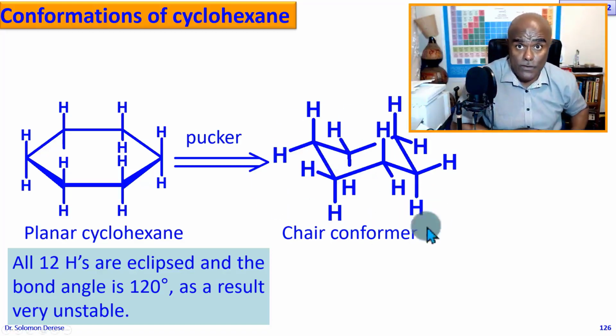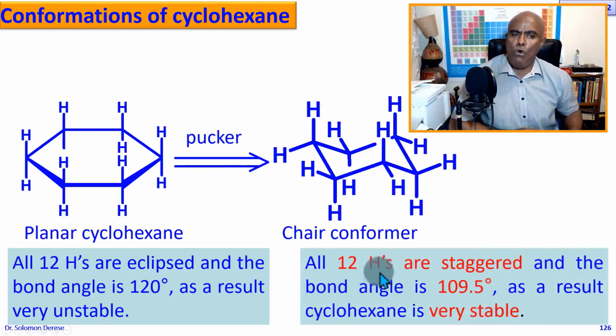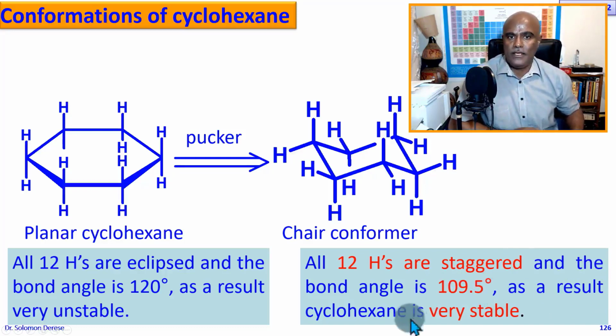So the chair conformer is very stable, as it has managed to totally eliminate the torsional as well as the angle strain. All the 12 hydrogens are staggered, and the bond angle is 109.5 degrees. As a result, cyclohexane is very, very stable.